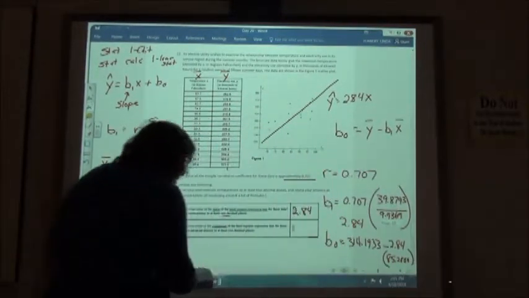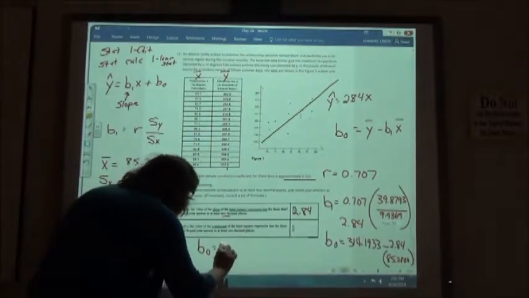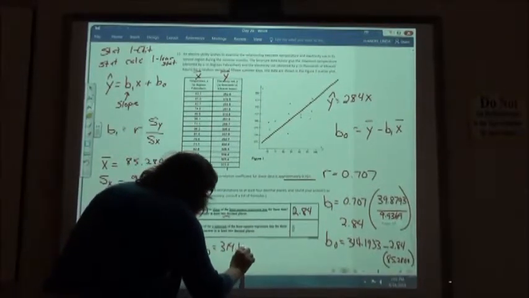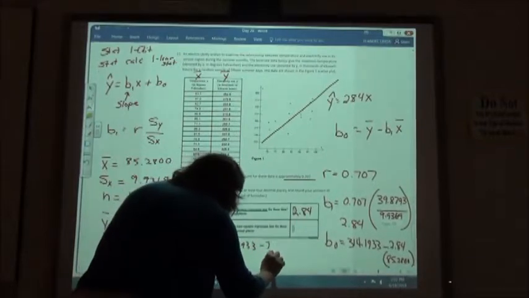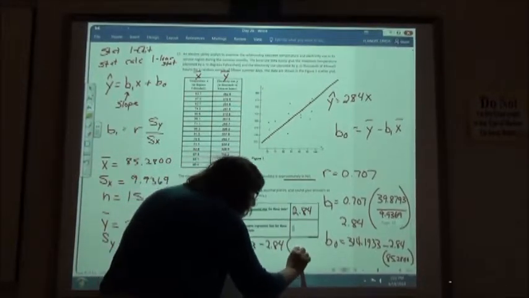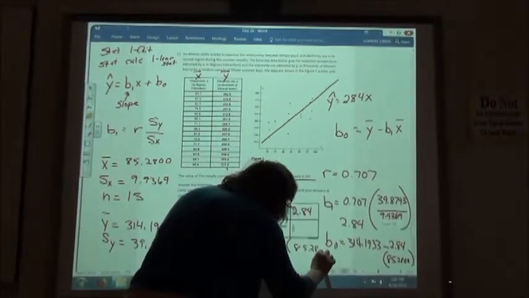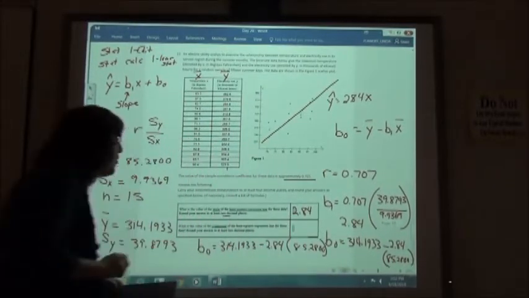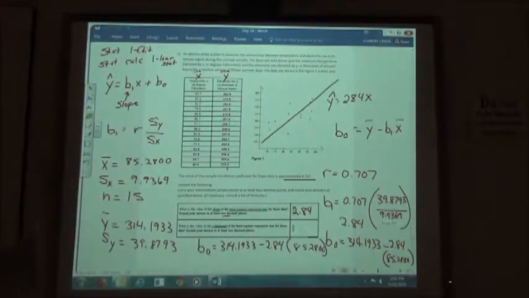I'm going to write that over here again. B sub 0 equals 314.1933 minus 2.84 times 85.2800. There, now I got it all the way across the page so you can see how that should be typed in.